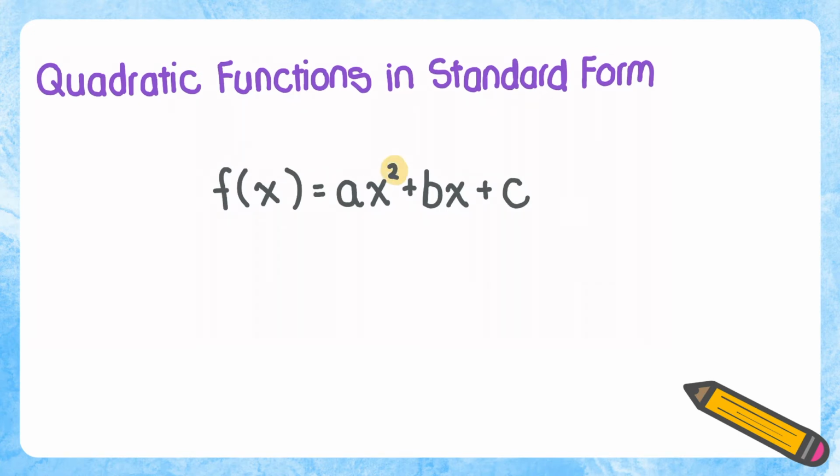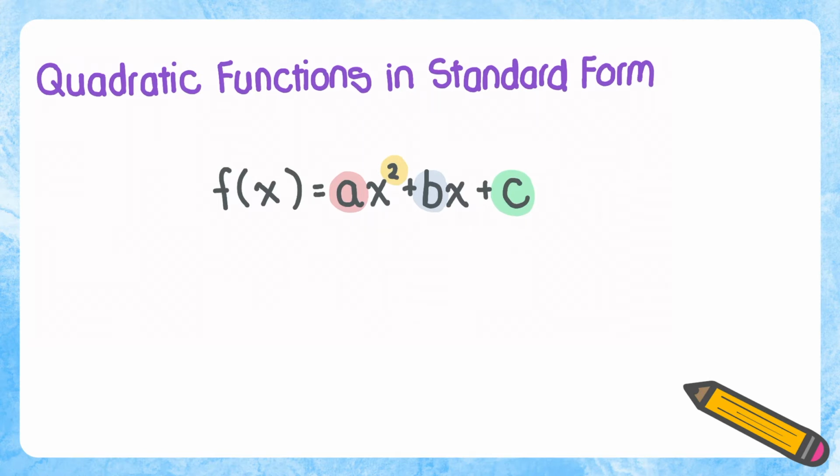So we have the highest degree 2, which makes it a quadratic function. Notice we have 3 parts, and we have the a, b, and c.